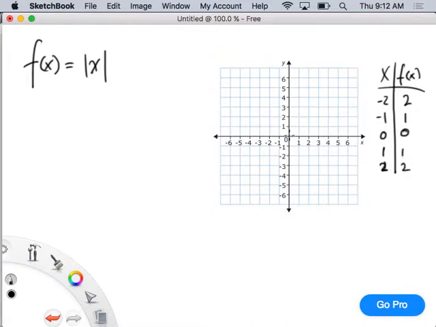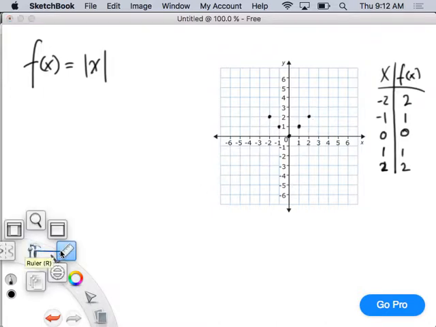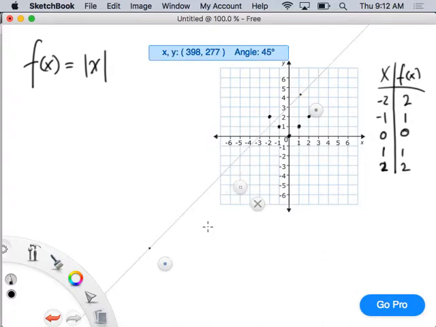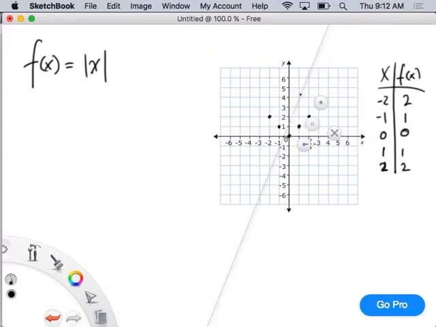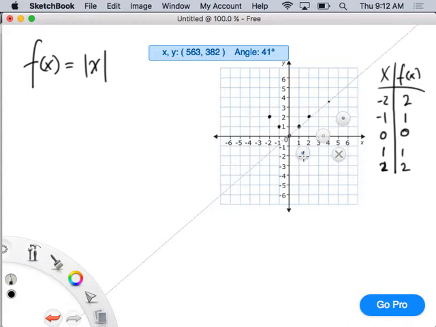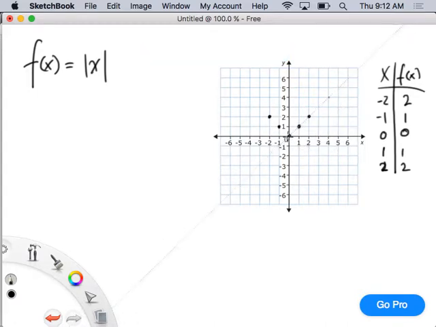Once I have those, I can go ahead and plot my points. -2, 2, -1, 1, 0, 0, 1, 1, 2, 2. And once I've got my points, I can go ahead and graph the line.